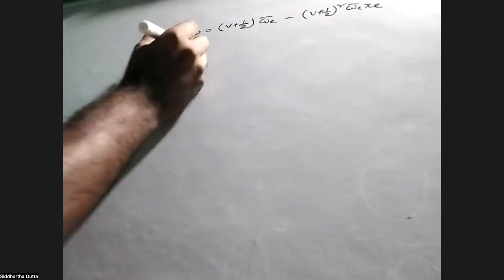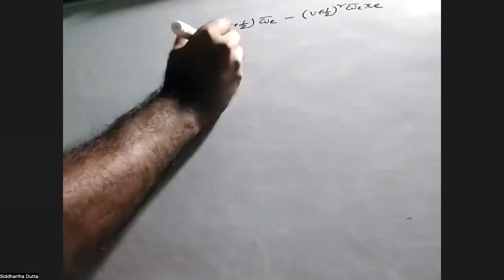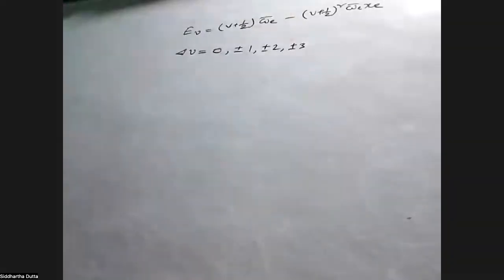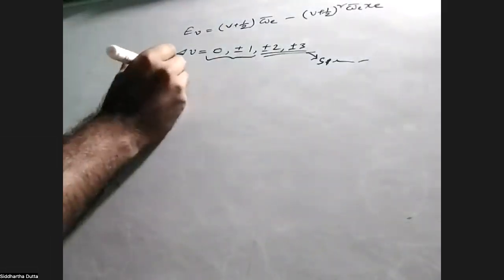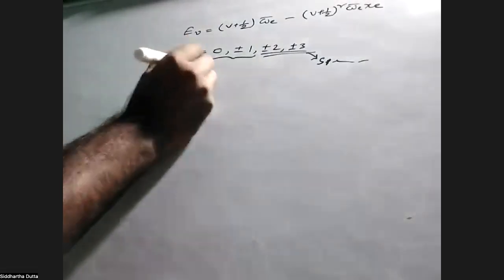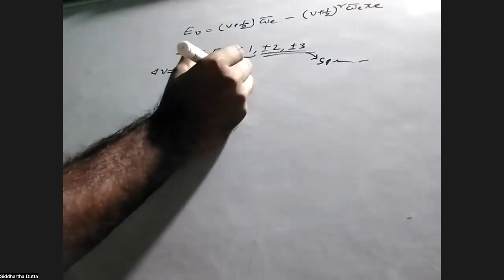The selection rule for a molecule to be vibrational Raman active is delta v equal to 0, plus minus 1, plus minus 2, plus minus 3. But we only consider the first three, as here intensity becomes very low and undetectable in our spectrum. So when delta v equal to 0, that corresponds to our Rayleigh line or the excited line.